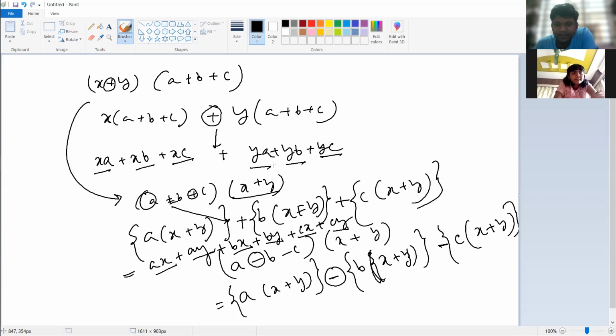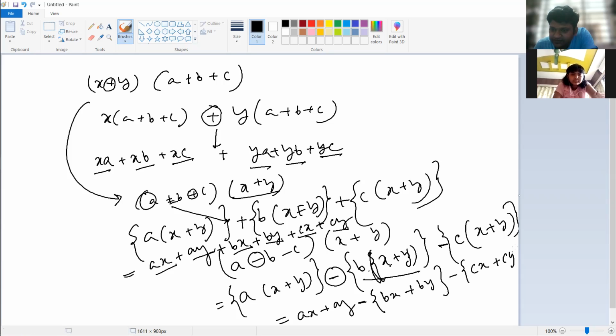But here is different. What is different? The signs are different for b and c, that's why you get a different value. What will it be? It will be ax plus ay, then minus bx plus by in the bracket, and I'm expanding the c term also, cx plus cy.